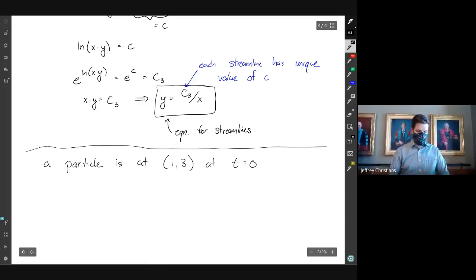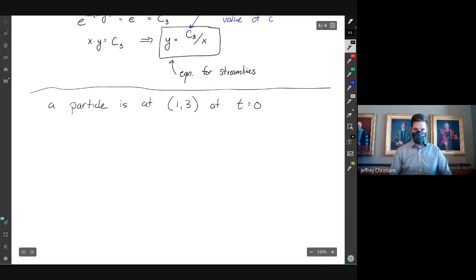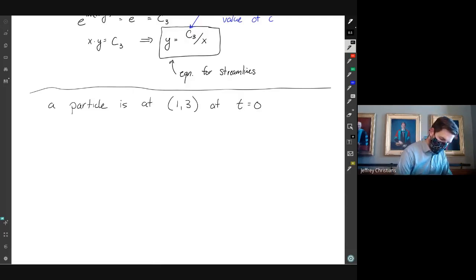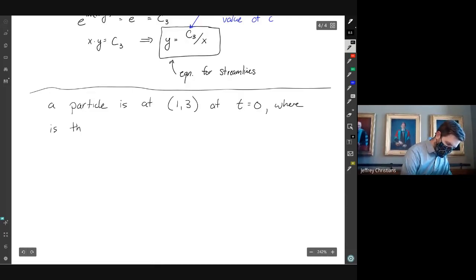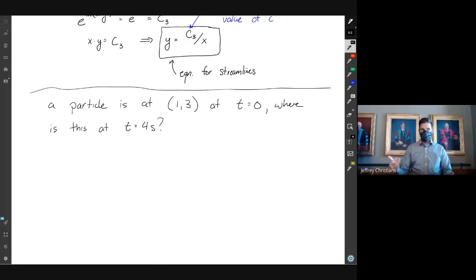I'll put a line there so we know that this is a different question. We're starting at the point that we started at before, but we want to ask where is this at t equals 4 seconds. So not only what is the velocity at this exact point, but where is it going to be 4 seconds later?